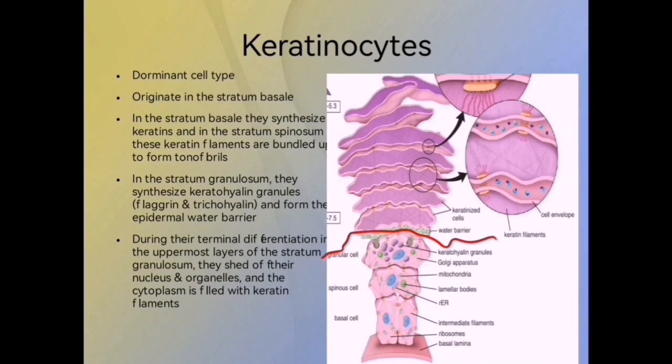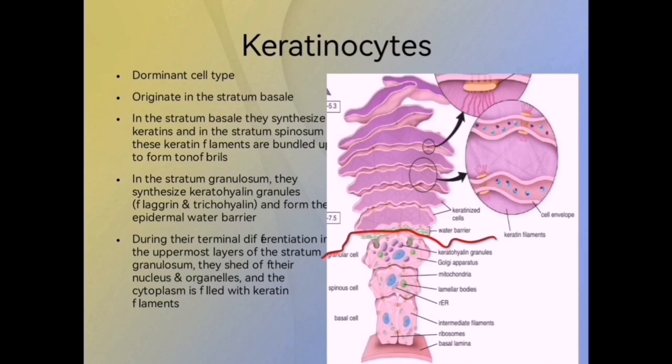The epidermal water barrier acts as a permeability barrier. It prevents the excessive loss or uptake of water by the skin, but at the same time it allows lipid-soluble substances to pass through it.